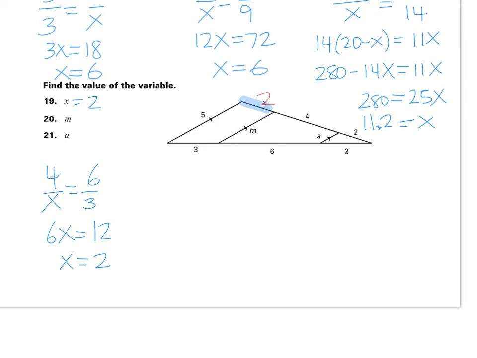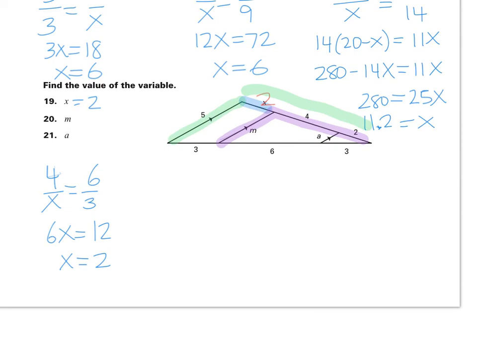Okay. And then looking for M. M is the base of a triangle. It's the base of this triangle. And then we can use also this green triangle.